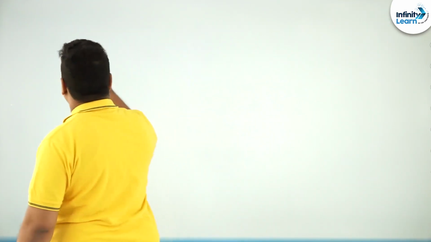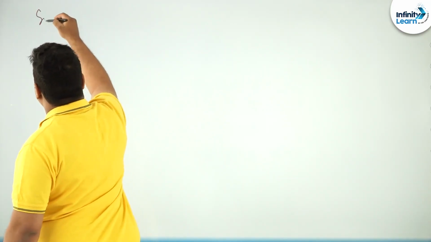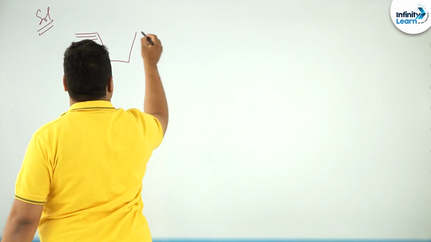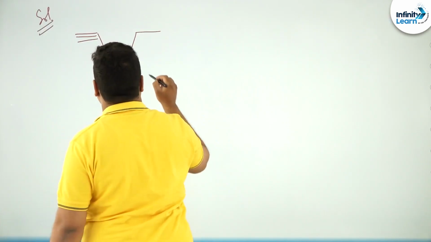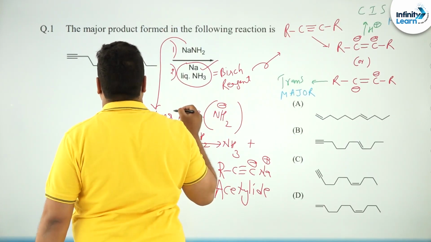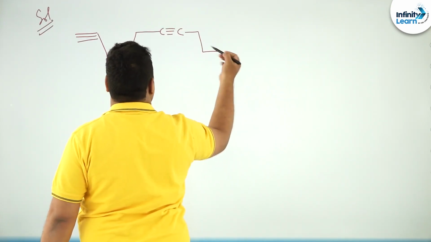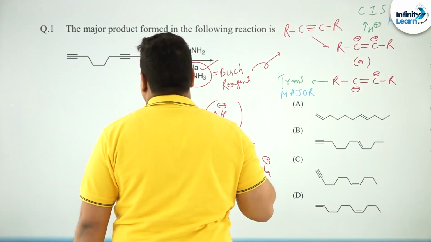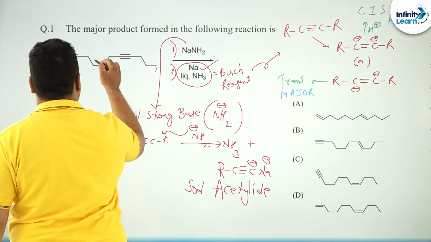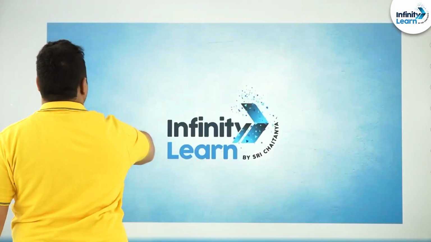Now, if you see the detailed solution, here you can see this is a triple bond. Can I write it like this? Is it correct? You can see here 1, 2, 3, 4, 5, 6, 7, 8, 9, 10, 11.